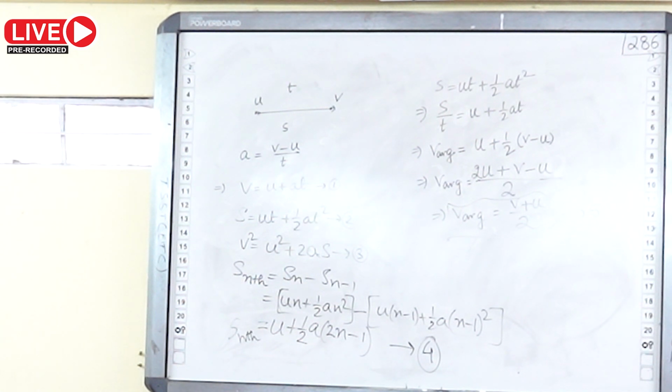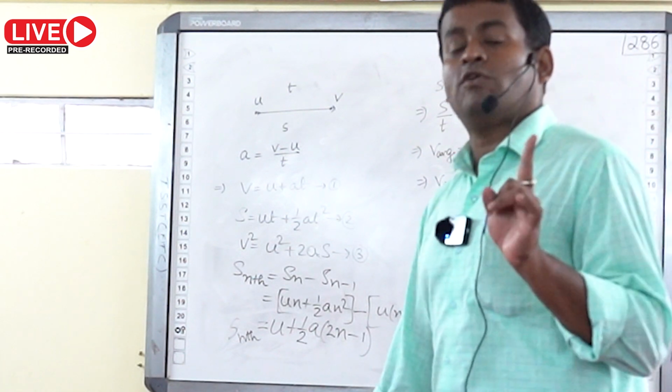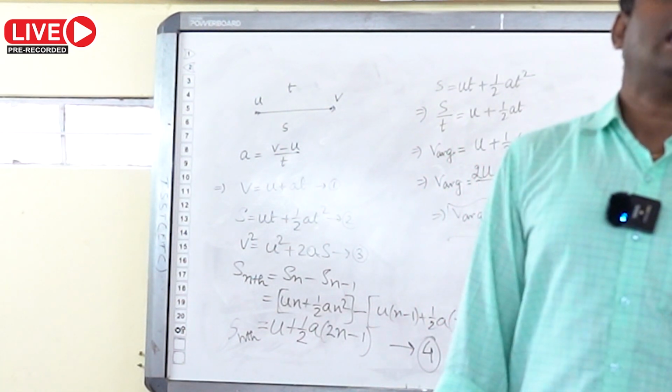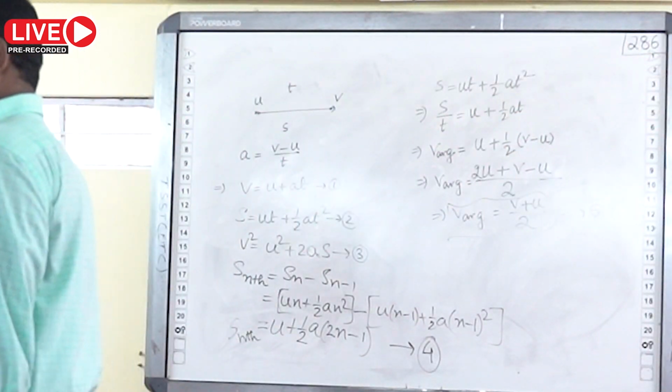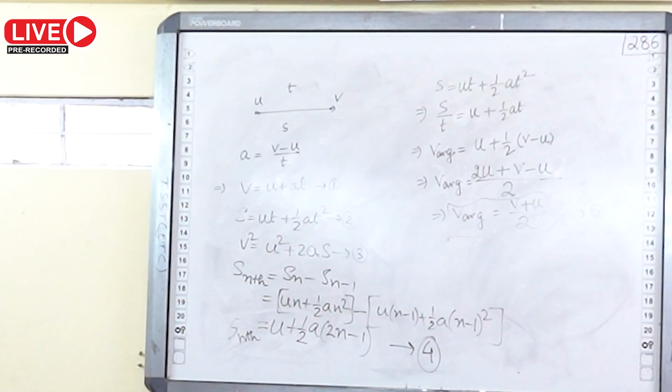If final velocity is v, initial velocity is u, in uniformly accelerated motion, then you just add these two velocities, divide by 2 and you will get the average velocity. All these formulas are valid for uniformly accelerated motion along a straight line.